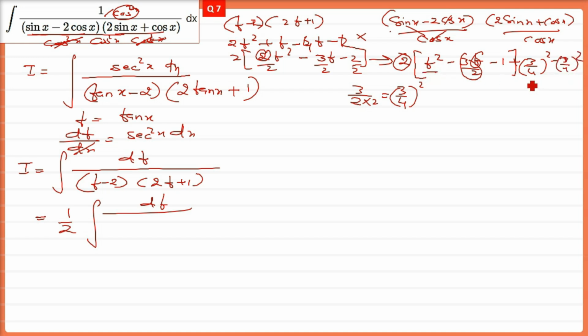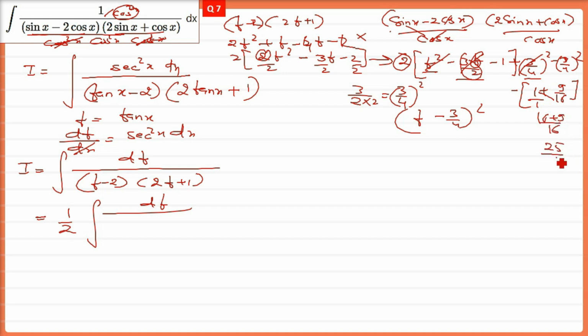Now a square plus b square minus 2ab is t minus 3 by 4 whole square. This is the first term. All these three we have utilized. Now we are left with negative 1, negative 3 by 4 whole square. So if you take negative outside, you have to add 1 plus 3 by 4 whole square, 9 by 16. It's going to be 16 plus 9 by 16, which is 25 by 16.